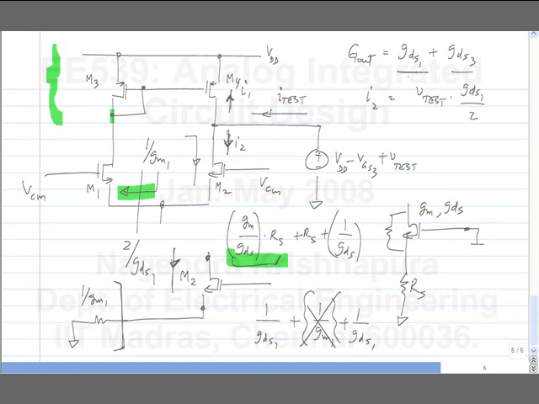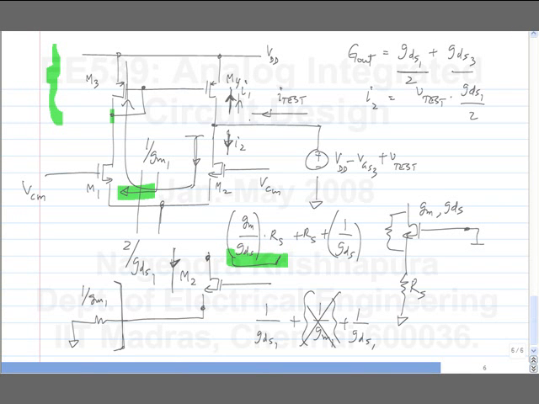Is this correct? What is the incremental current I1? So this I2 which flows here, this is an open circuit. So this flows into the current mirror, it also appears here. Isn't it?